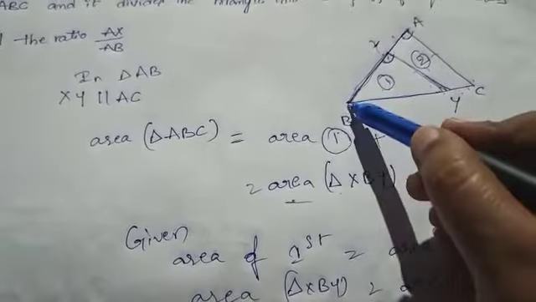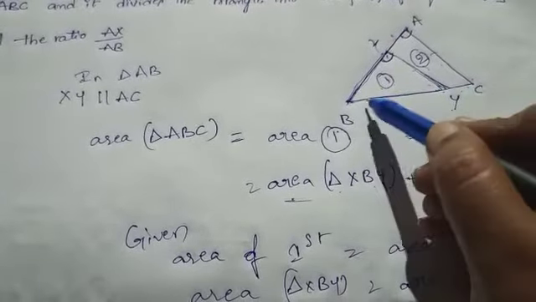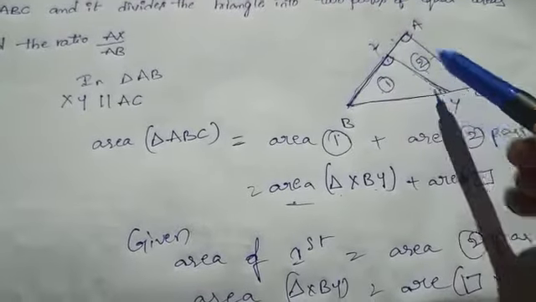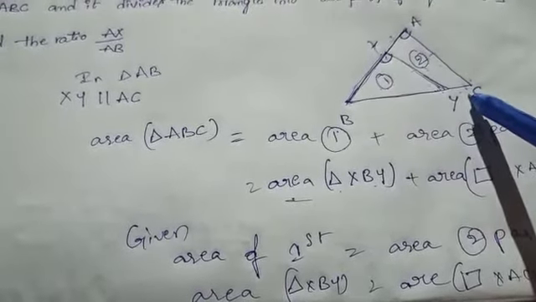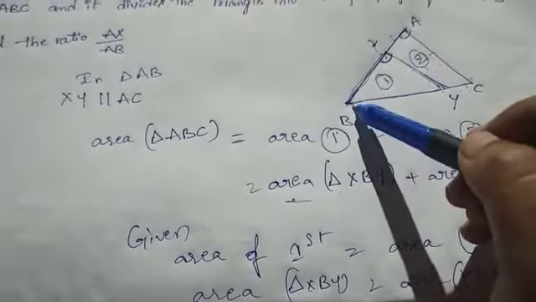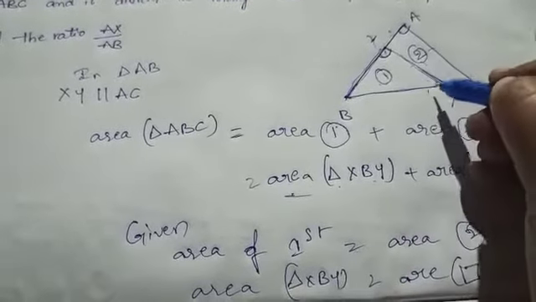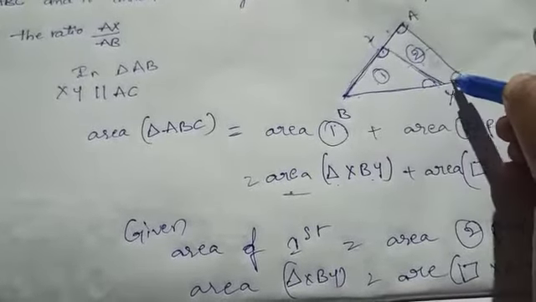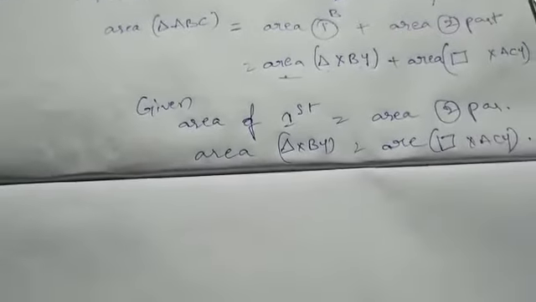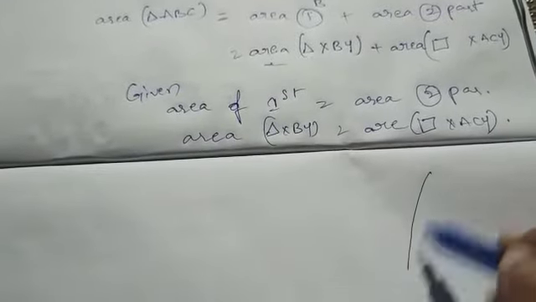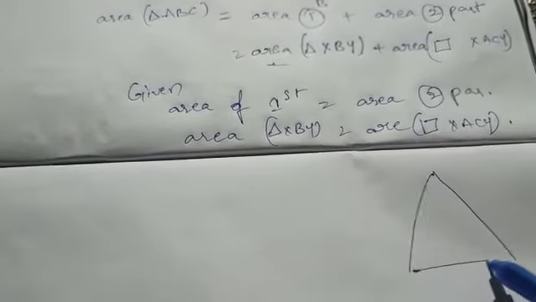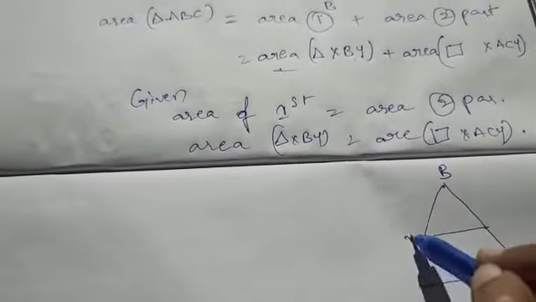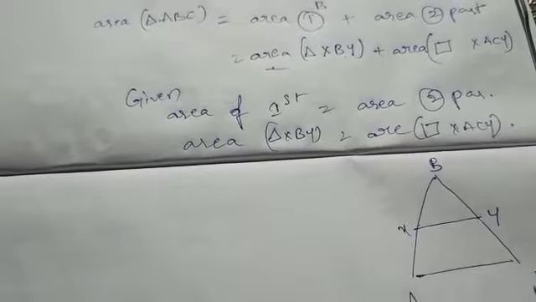In the same way, BC is one transversal line. Okay. XY and AC, two parallel lines cut by a transversal line. So corresponding angles are equal. Angle BYX equals angle C. Okay. This is the XY line. This is AC. Okay.